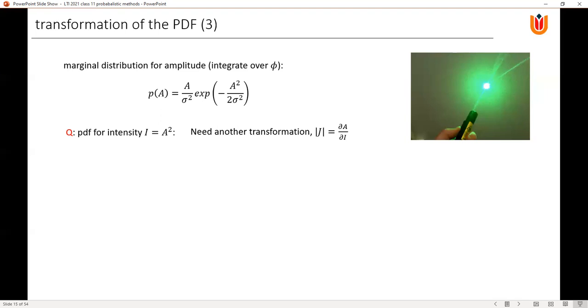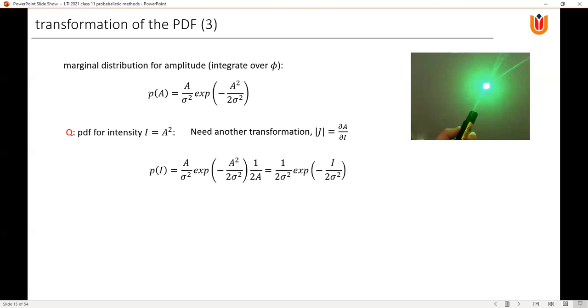The easiest way is to first calculate dI/dA, which is 2A, so dA/dI is 1/2A. If we fill that in, we get these steps. The left-hand side is the original PDF of A, multiplied with the determinant of the Jacobian matrix, in this case just a number, 1/2A. Then A is cancelled, and the factor 2 appears here.